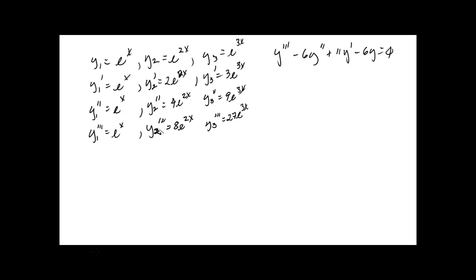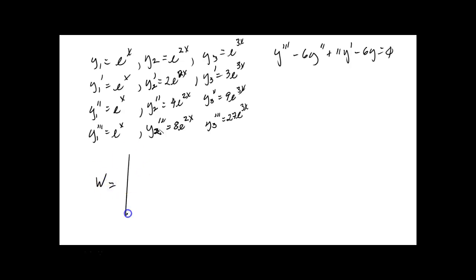All we have to do is make sure that those are linearly independent. We know they all satisfy the equation, but we don't know that they're linearly independent. That's where the Wronskian comes into play.